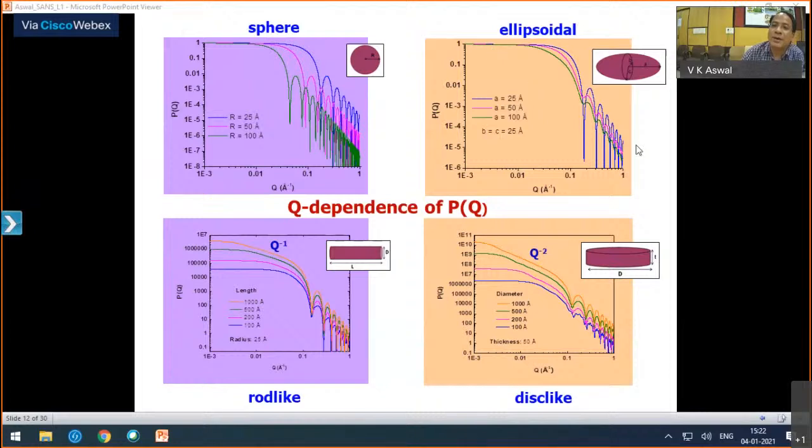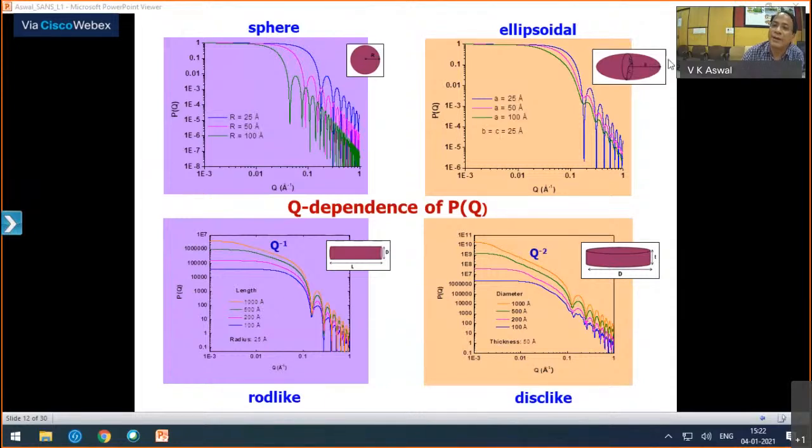And then this is for an ellipsoidal particle. You can elongate one side of a spherical particle. What you see is that the semi-minor axis is kept the same, and it is elongated along the major axis.